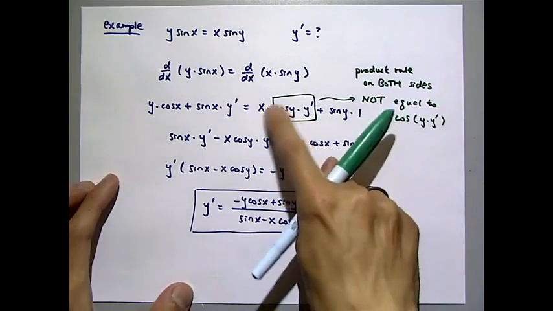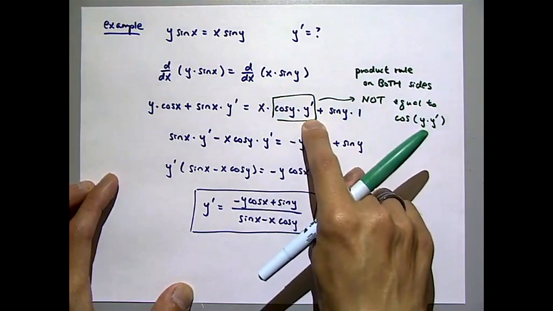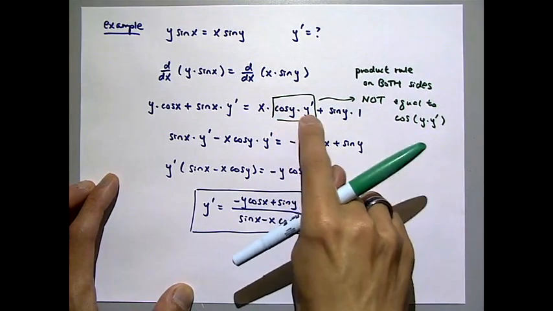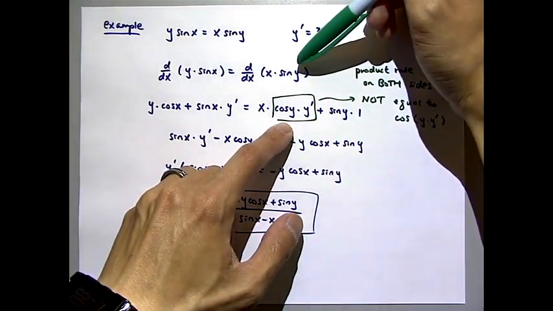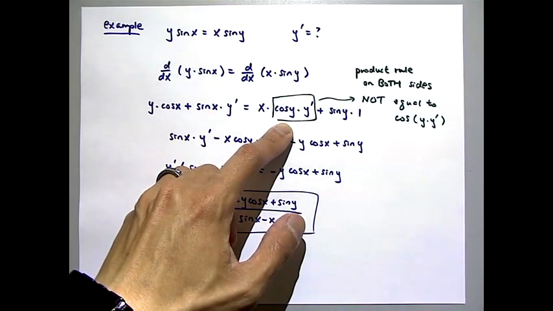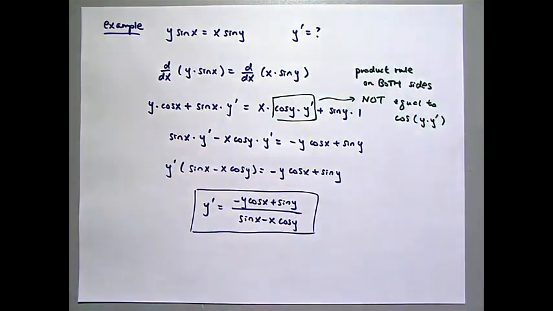So it's cosine of y, that's one thing, right? Times this some other thing. It is not the same as cosine of y times y prime. If you look at where this thing came from, this is the derivative of sine of y. Derivative is cosine of y separately times derivative of y. So you cannot merge the two. Same thing here. These two guys cannot be merged. Good. Other questions?